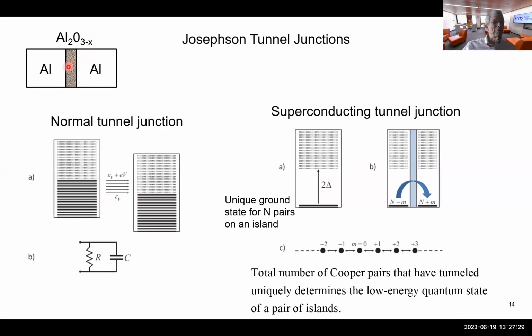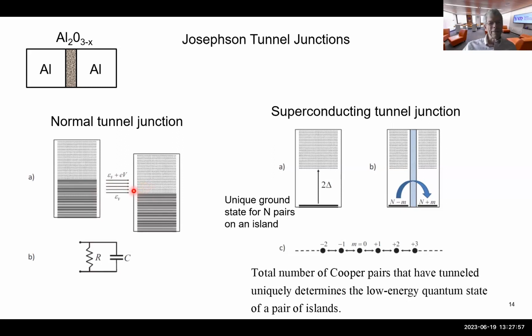They look horrible, but they actually work extremely well. In the normal state, if you apply a voltage, somehow put this in an electric field, so there's a voltage drop across this tunnel barrier, then single electrons can tunnel in a narrow energy window that is not Pauli blocked. This side has to be occupied by an electron, and this side has to be empty.